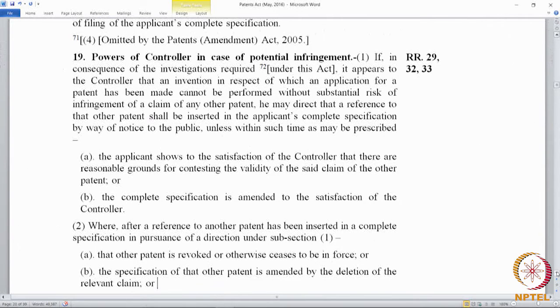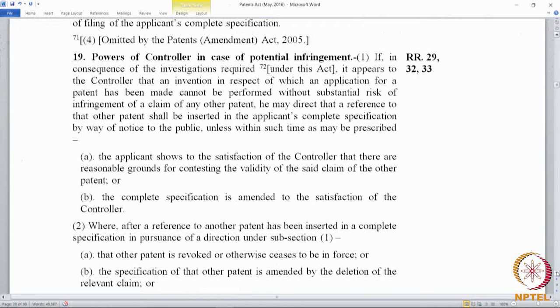Whether a patent is infringed or not is not the business of the controller. The controller is not the authority that is given the power to determine infringement. So, you need to understand that we are only talking about potential infringement. This is not the infringement that happens after a patent is granted.